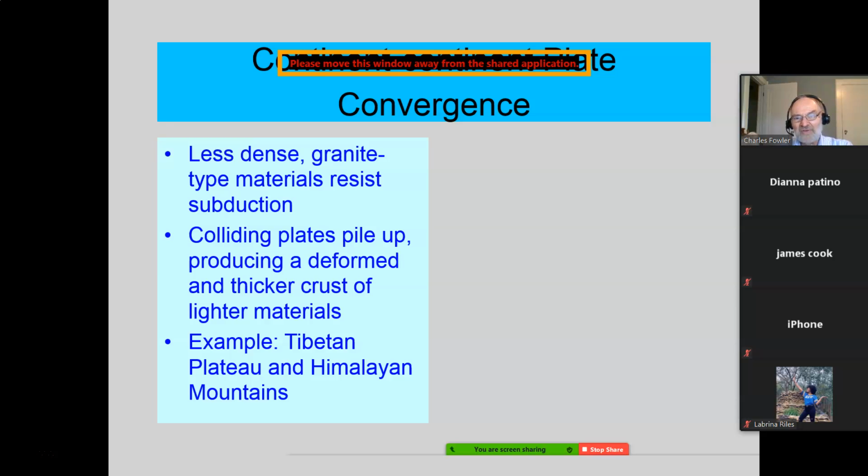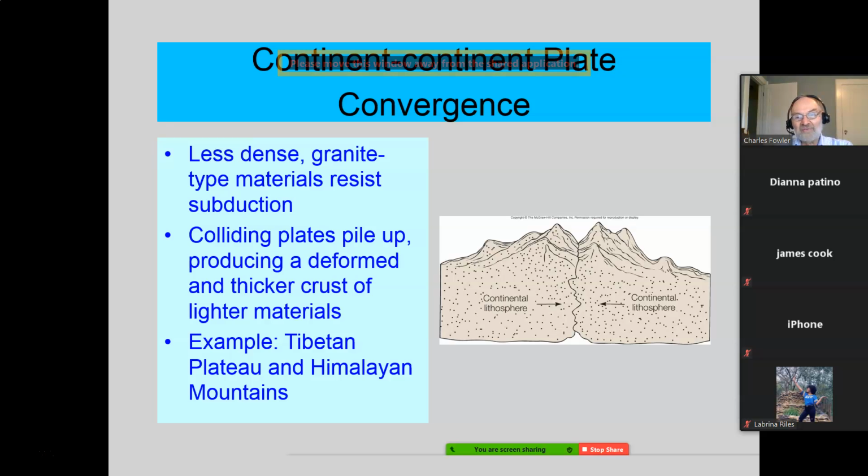One is the Tibetan Plateau, which is the home for the Himalayan mountains. So guess what, team? The Himalayas are the tallest mountains in the world, and they're getting taller because of this continental plate convergence. You got a continental lithosphere coming in here, another one coming in here. They won't subduct, so they pile up.